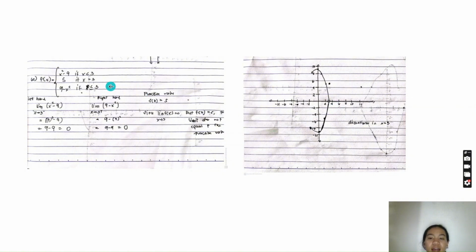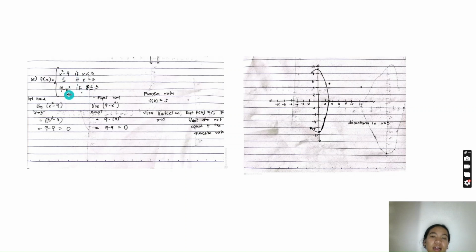And locating x squared minus 9 and 9 minus x squared. The x squared minus 9 graph is here. It goes upward, and 9 minus x squared goes downward. I simply substitute each value, trying values that are less than 3. For example, 2 squared is 4, minus 9 is negative 5.